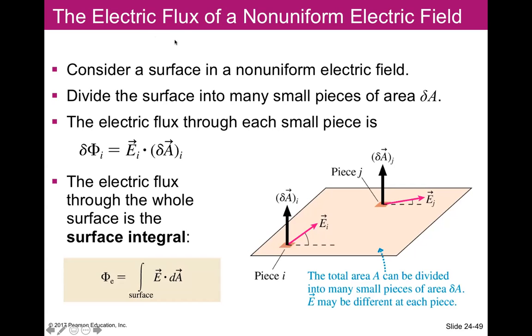Now, let's see more complicated cases. If we want to calculate electric flux of a non-uniform electric field, what will happen? So consider a surface in a non-uniform electric field.